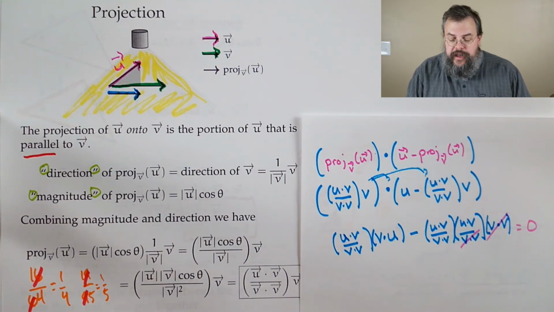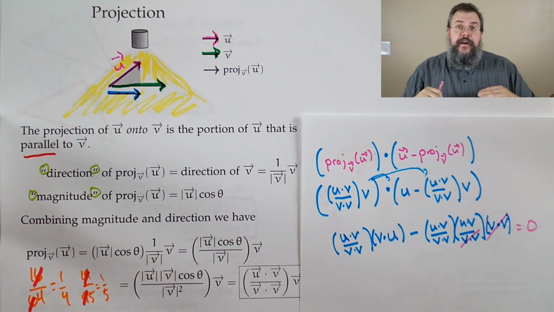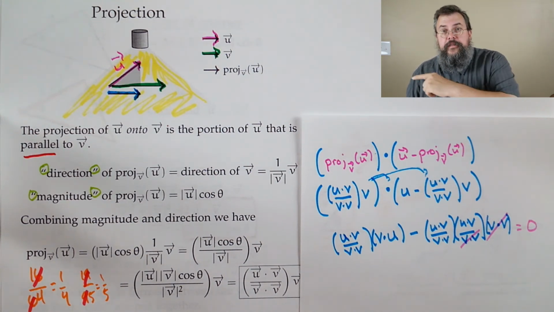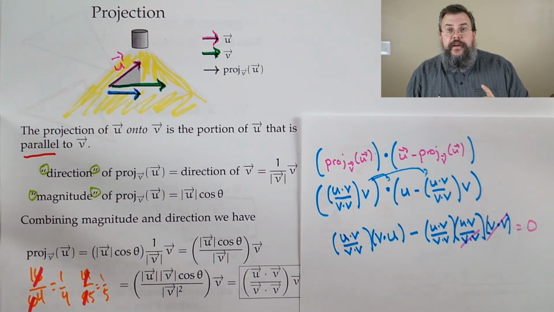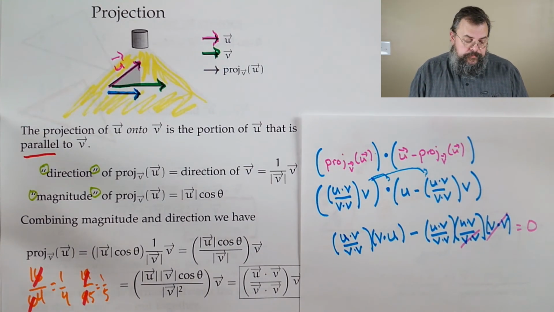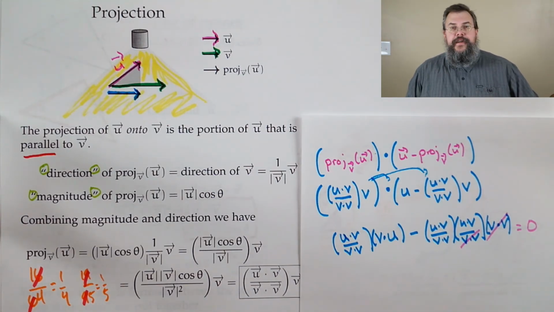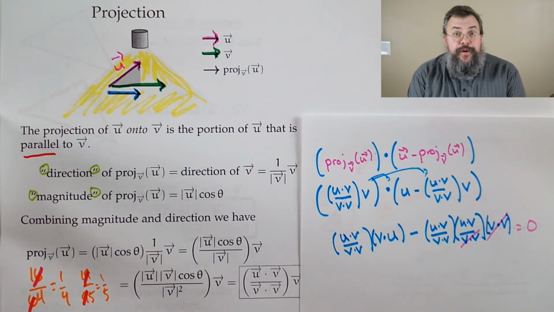Things were indeed orthogonal. So that's how you can take any vector you want, and really any pair of vectors, and say, how much of this vector points in the direction of that vector? How much of this vector is perpendicular to the other vector? And we're good.